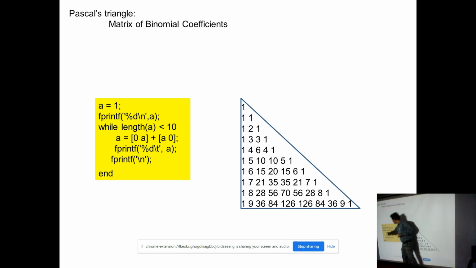That will be my next a. Now what could be the next a? 0, because the previous a I got as 1, 1. So 0, 1, 1 plus 1, 1, 0. I will get 1, 2, 1. That could be my next a. Now what could be the next a? 0, 1, 2, 1 plus 1, 2, 1, 0.